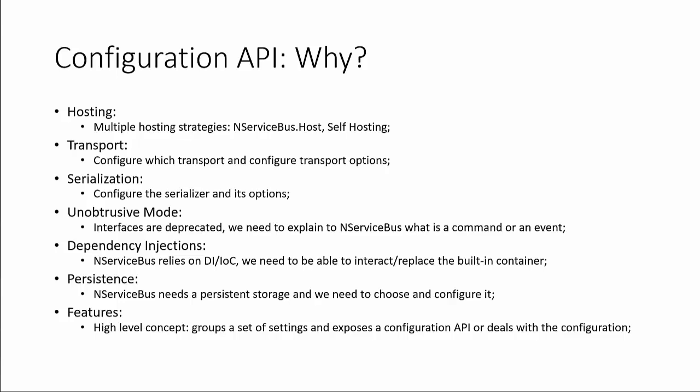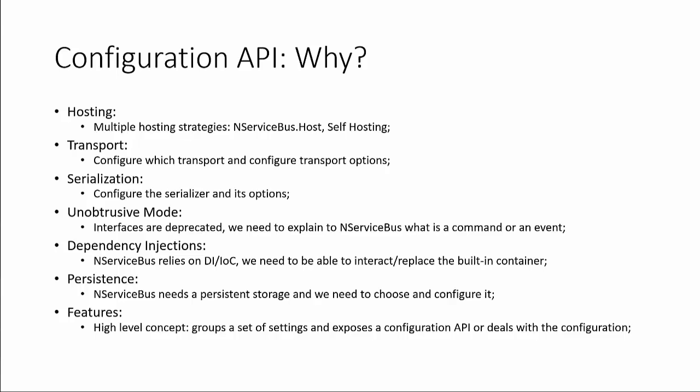We all know that by default, NServiceBus comes with RavenDB bundled. That's true until V4. In V5, RavenDB has been externalized. It's not anymore in the core of NServiceBus. There's a specific NuGet package to add RavenDB as a persistent storage, and we'll see how to do that during this webinar.